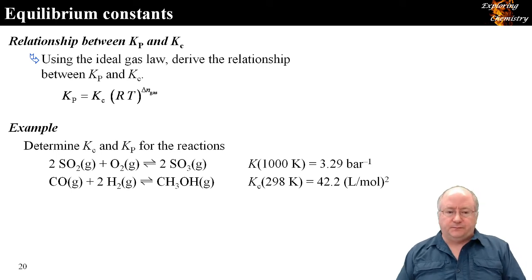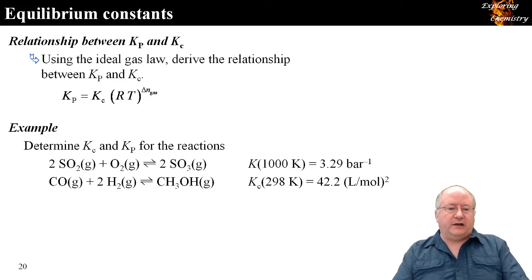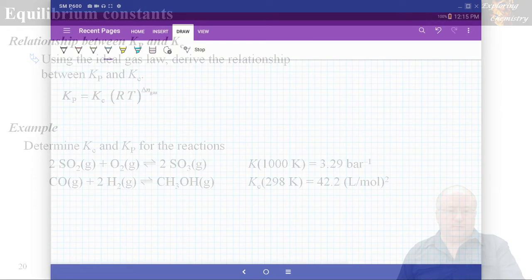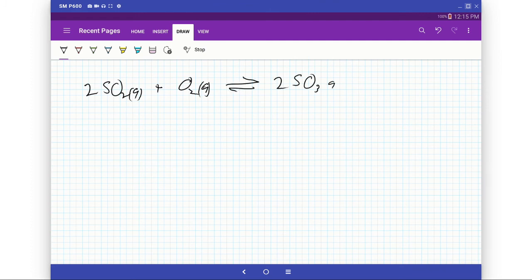So the first one we're going to look at is the SO2 reaction. We have 2SO2 as a gas plus O2 as a gas in equilibrium with 2SO3 as a gas.